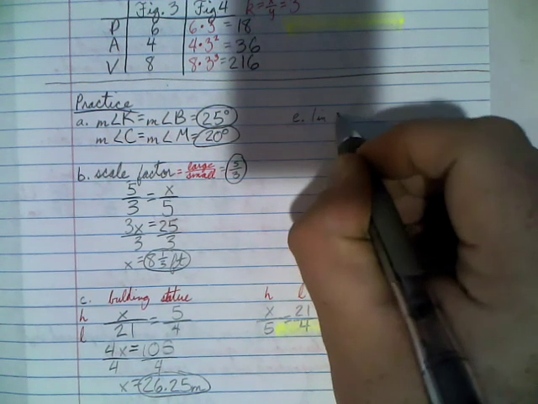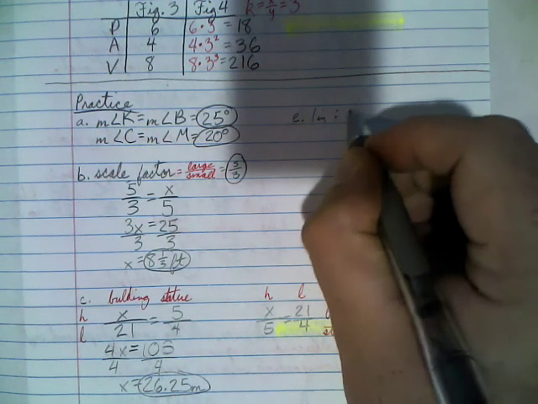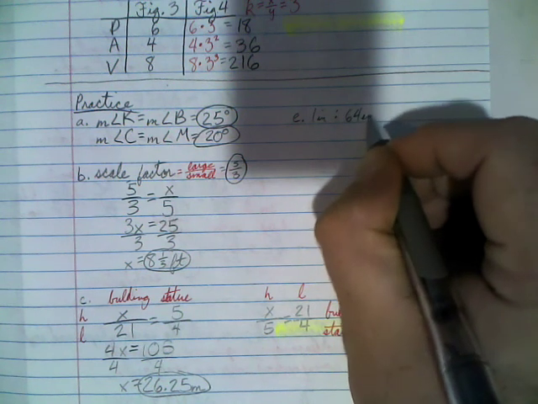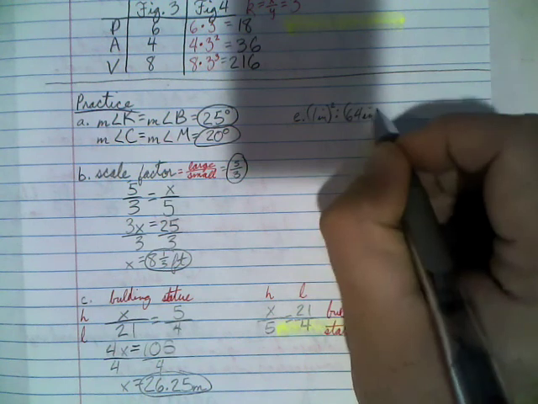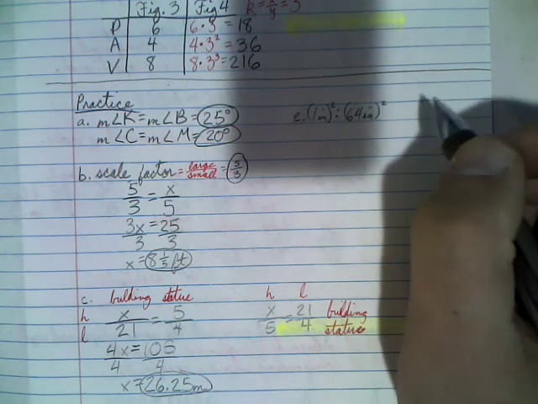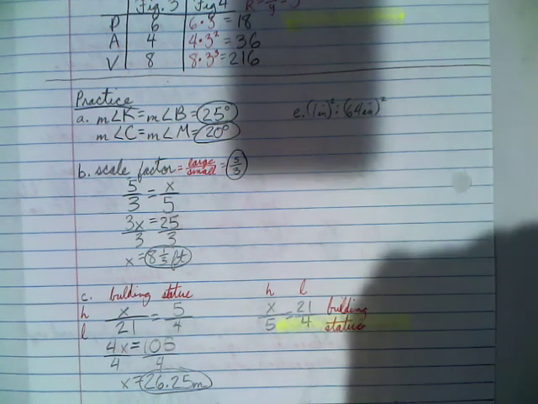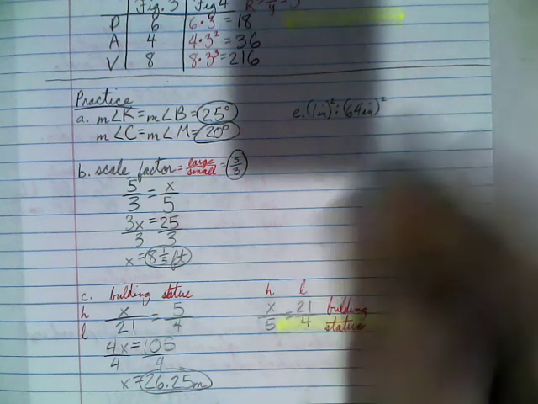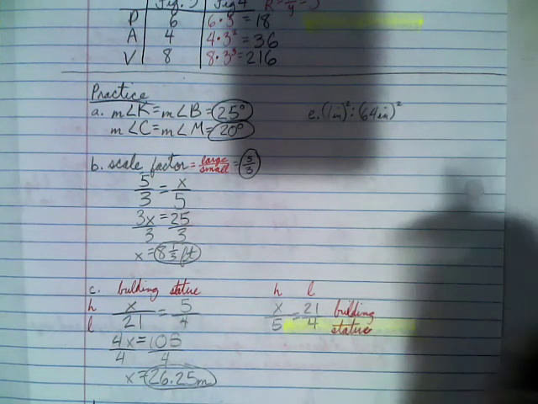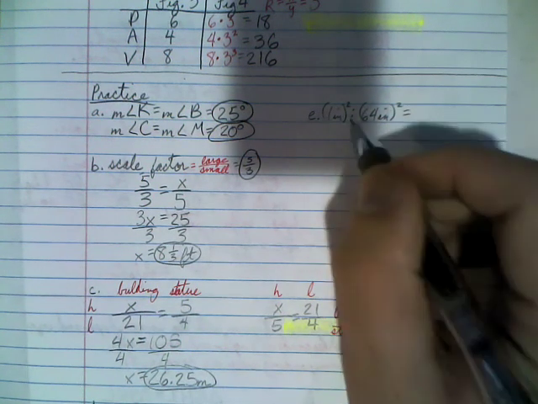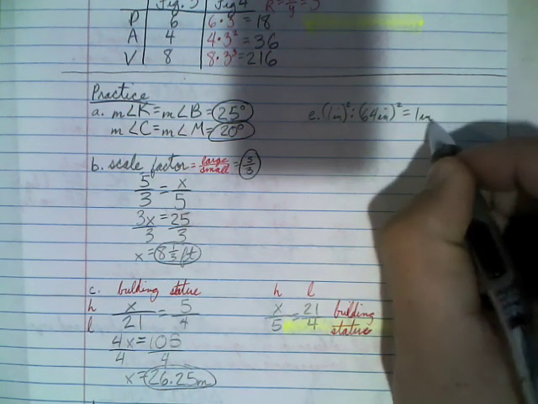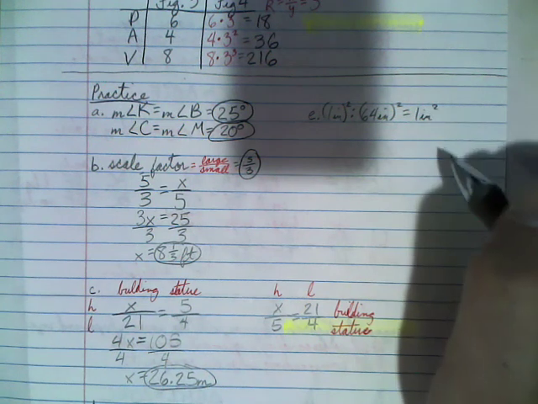So if the original scale factor was 1 inch to 64 inches, if we just square both of them, then we get the area. If you want the ratio of the volumes, cube each of those. So the first one, 1 inch squared, should be easy, becomes 1 square inch.